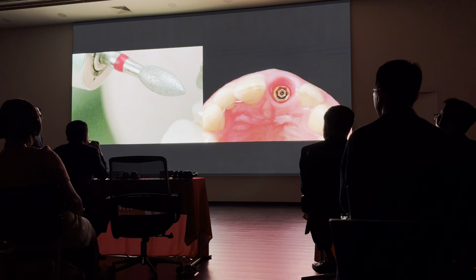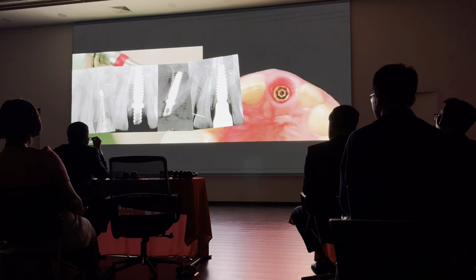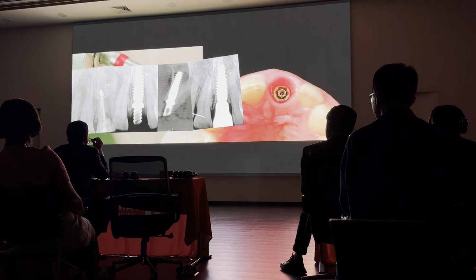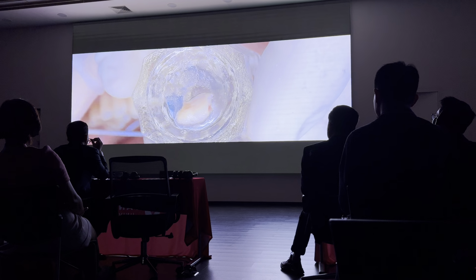So I do a trough and then I place my implant, my cord, my wire inside. This wire is 0.18. Basically, I want to graft above the implant level, with the connective tissue.